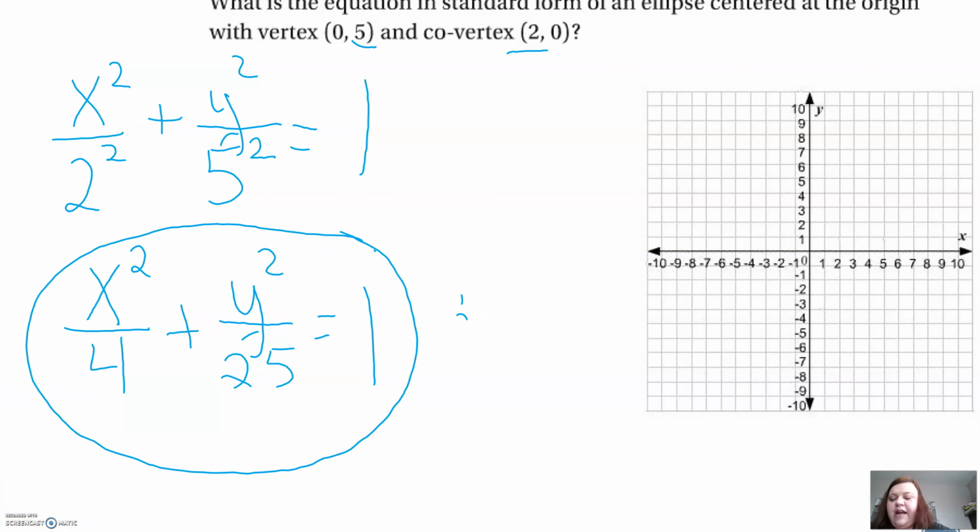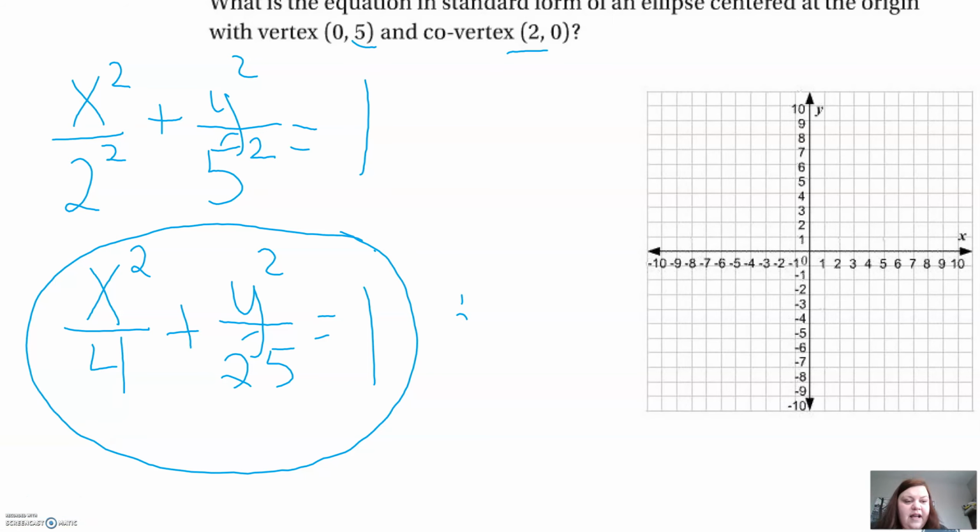Now, if we were going to graph it, we can use those points given to us. So 0, 5 is over here. That means we also have -5, 0. Oh, I'm sorry, I went the wrong axis there. Should have been on my y-axis.